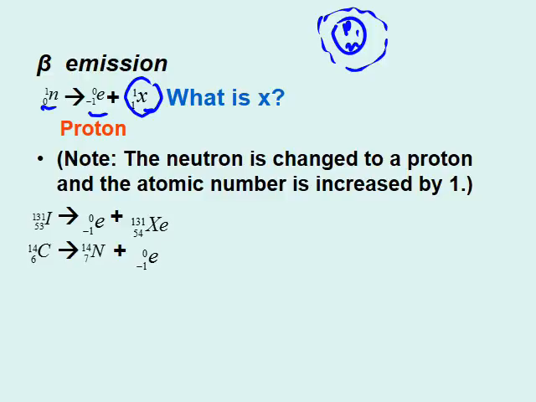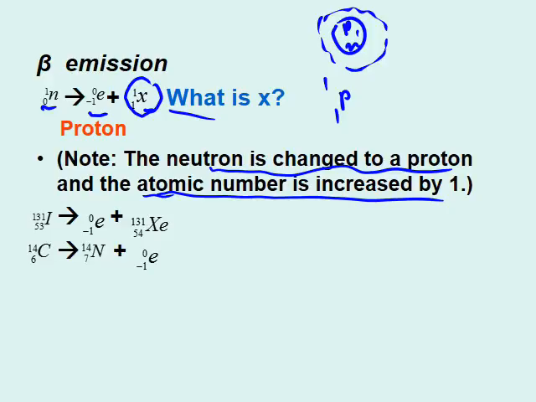And we know that's a proton. So this is a proton with 1, 1. So as a beta particle comes out of a nucleus, a neutron is changed to a proton. So that's a pretty interesting finding. And atomic number is increased by 1, because if you increase the number of protons, that means atomic number is increased.